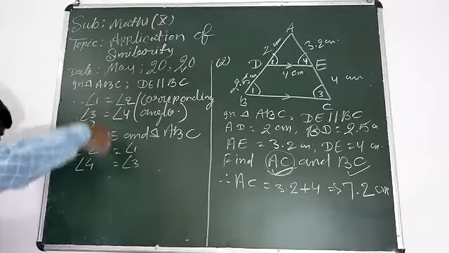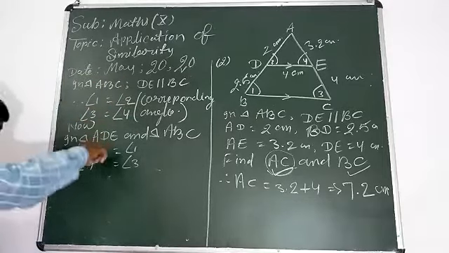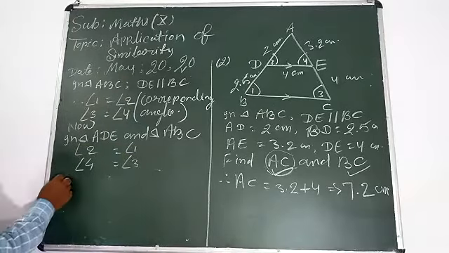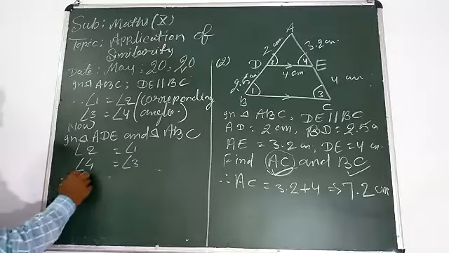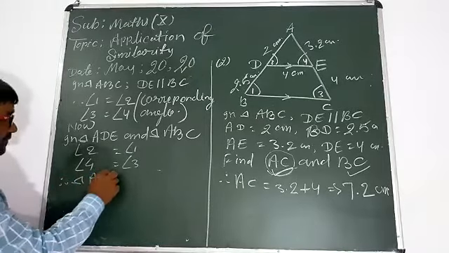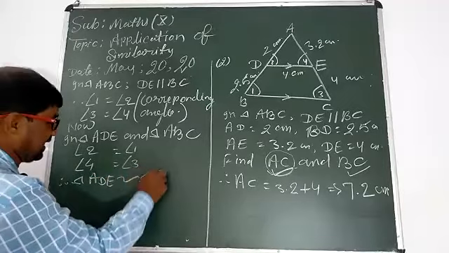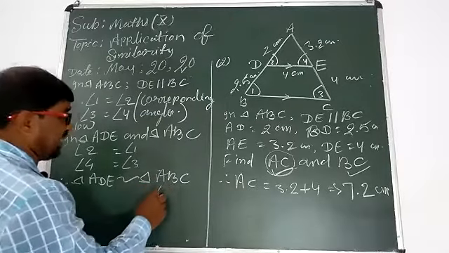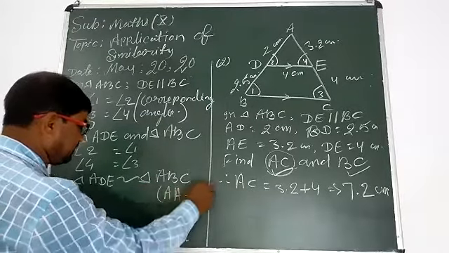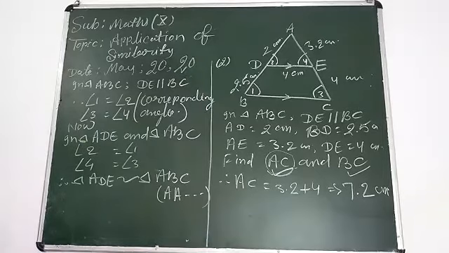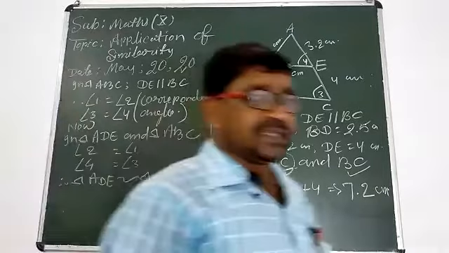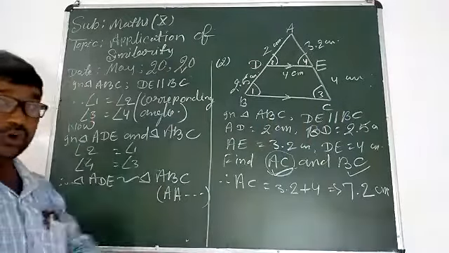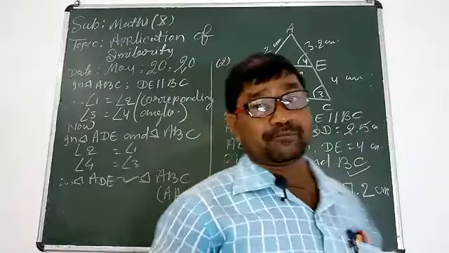So triangle ADE is similar to triangle ABC by the AA criterion. Understood? These two triangles are similar now.